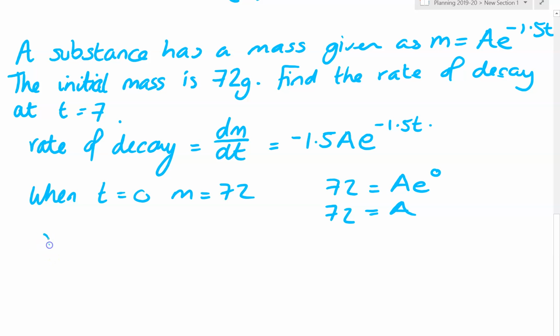So dm by dt, so the rate of decay, is now, what's negative 1.5 times 72? 108. So negative 108 e to the negative 1.5t.